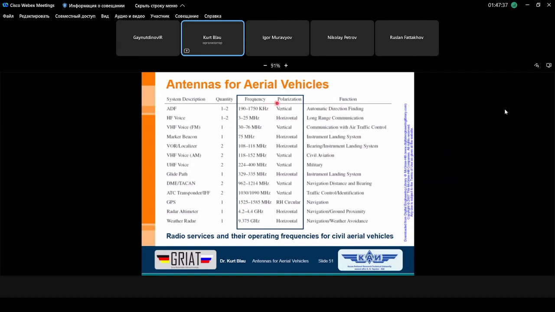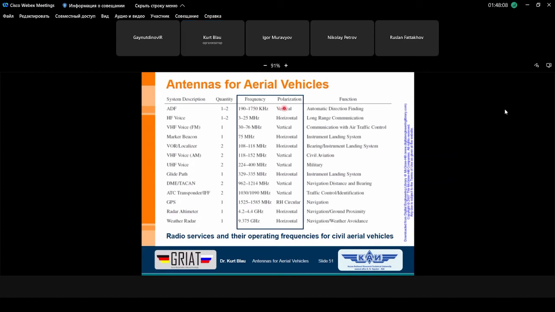And this very long wavelength automatic direction finding system can help you keep up the self-determination of your own position during the flight. So it's not only nice to have, this is also a need.